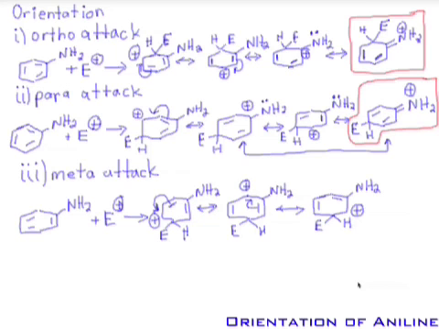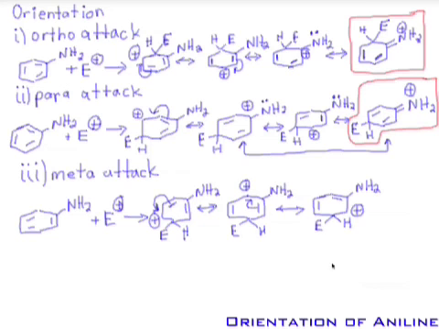This extra contributor means the positive charge is further delocalized. That means in ortho para attack, the substituted benzenonium ion is more resonance stabilized than in meta attack. That means it's a lower energy intermediate.